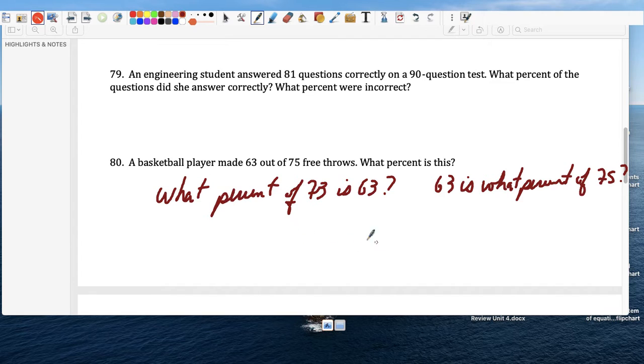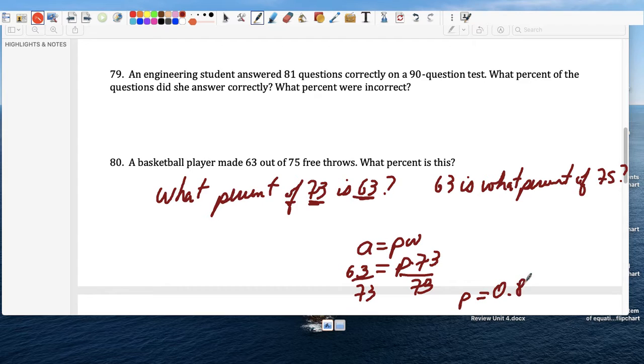So A equals PW, percent is what we're looking for, 75 is the whole number, right? And then 63 is the part, so you make 63 out of 75, divide both sides by 75, and we're going to get his shooting percentage. 63 divided by 75 equals 0.863.